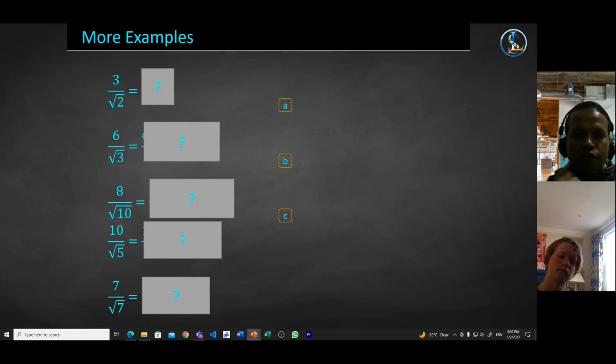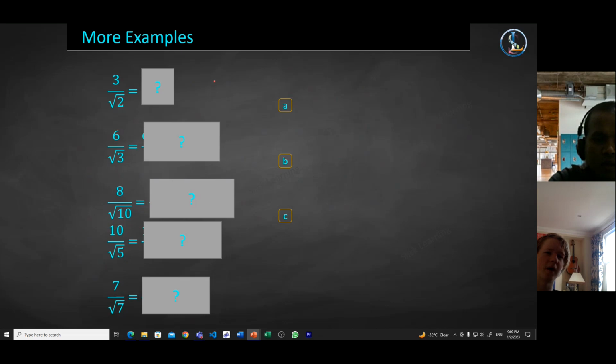Let's do the first one. You are going to convert into rational form: 3 over square root 2. What should I times it by to make it a rational number? Yeah, you need to make it a rational number.